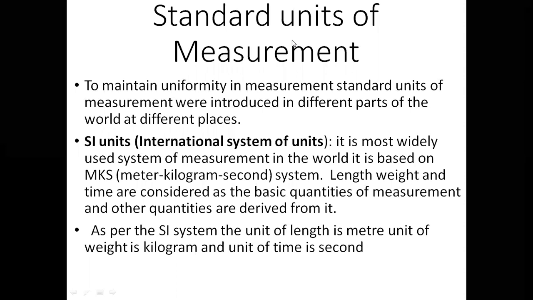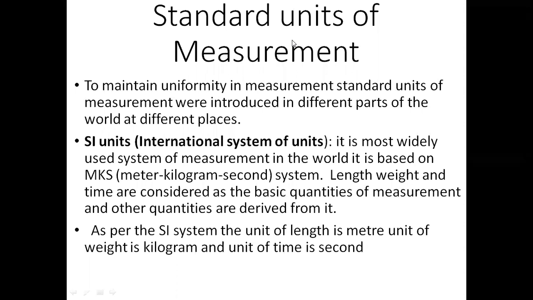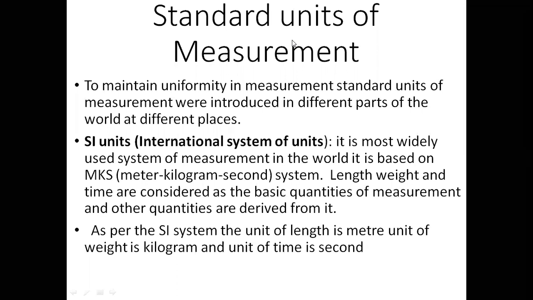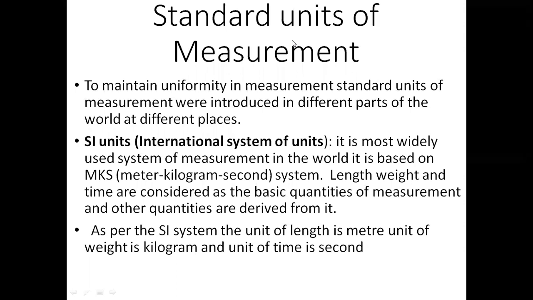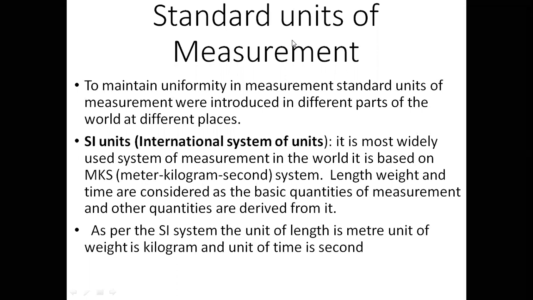It is based on MKS, M for meter, K for kilogram, S for second. Length, mass and time are considered the basic quantities of measurement. So these are the three basic units. Others are the derived units. All the other units are derived from this mass, length and time.